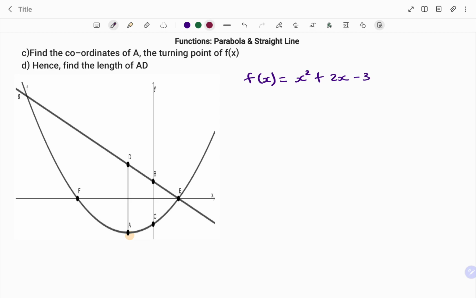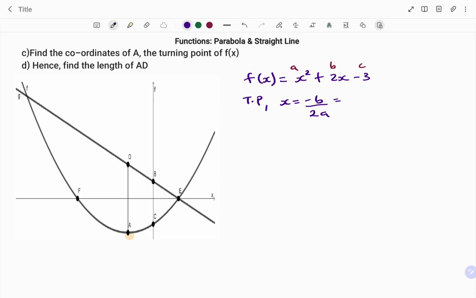What we have here is a, b, and c. That's a is the coefficient of x squared, b is the coefficient of x, and c is a constant. So using the formula for the turning point, we have x equals minus b over 2a.